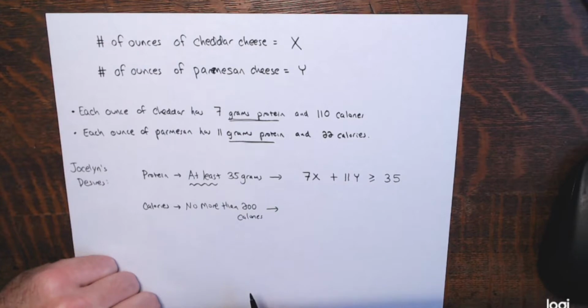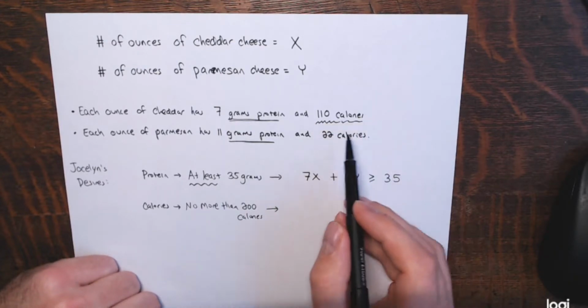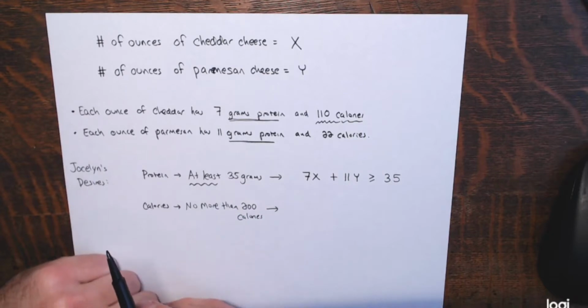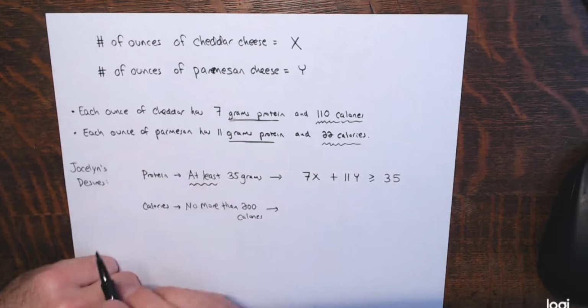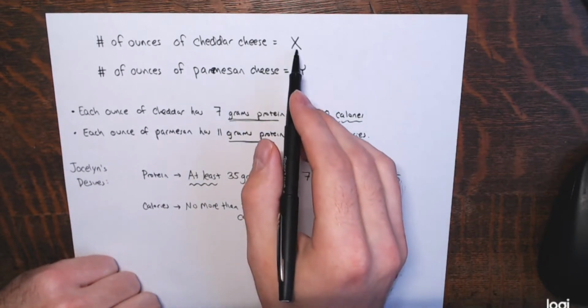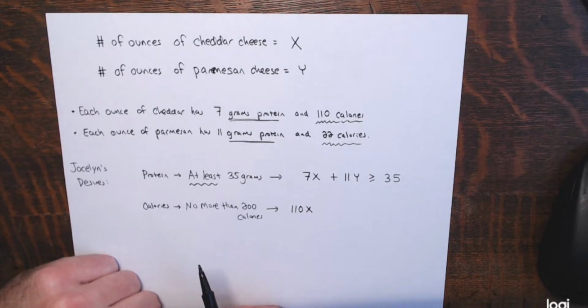So let's talk about the calories. There are 110 calories in every ounce of cheddar. There are 22 calories in every ounce of Parmesan. So if she eats X ounces of cheddar, that'd be 110 times X calories she ate.